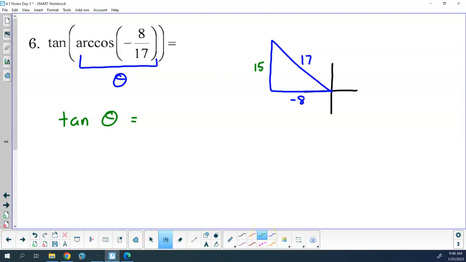If you didn't know right off the start that was 15, we'd have 17 squared equals -8 squared plus y squared. What's that? 289.